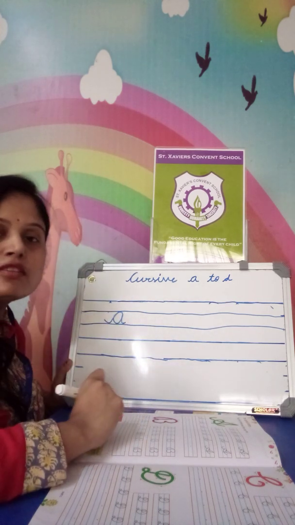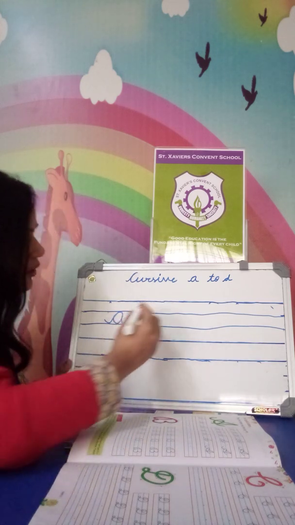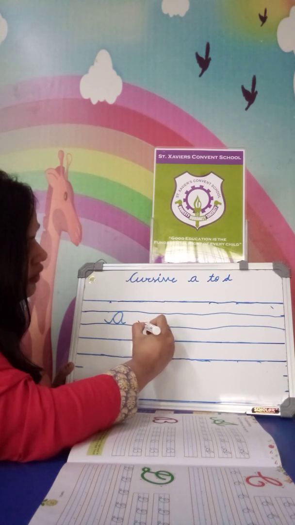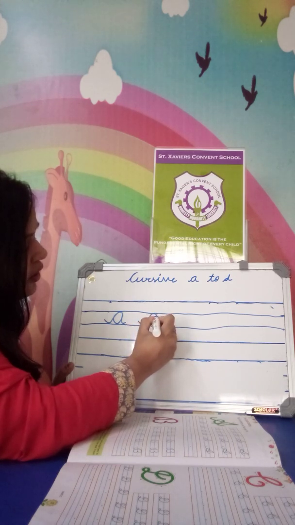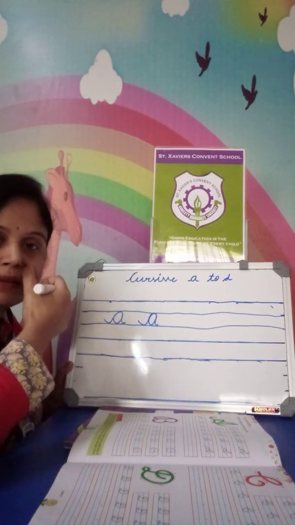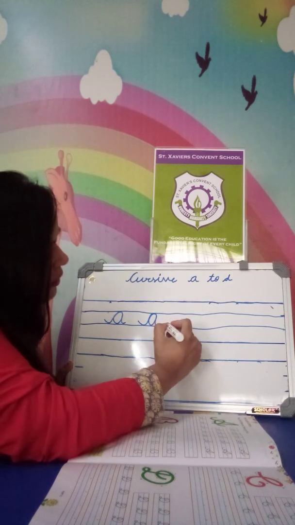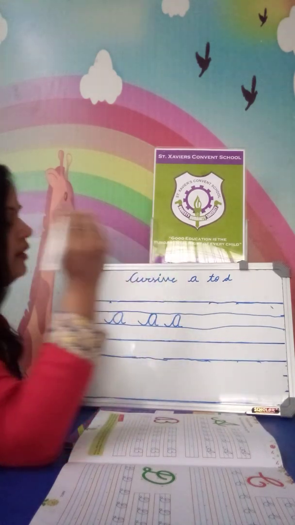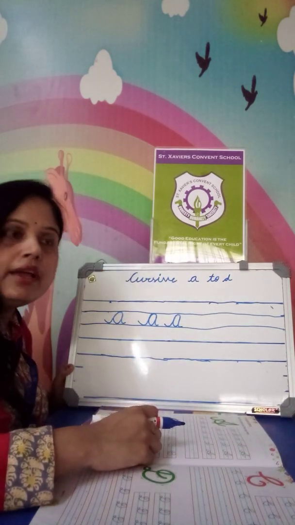This is small a. Again, curve, turn, small circle and small tail. This is small a. Again, circle and small tail. Okay, this is small a.